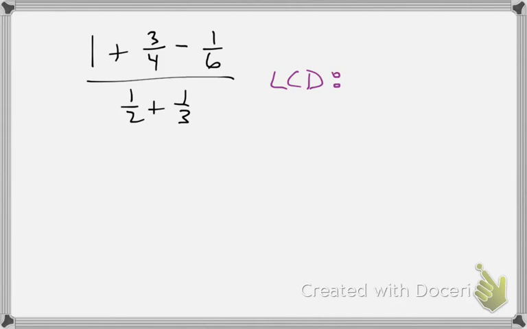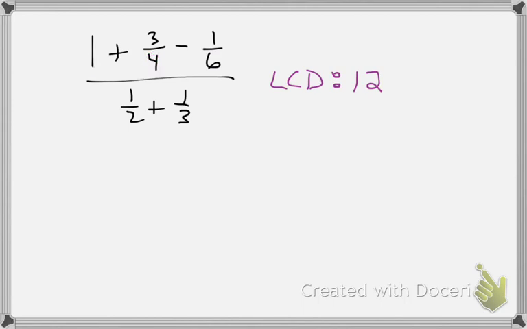Not GCF, LCD. 12. 24 is a common denominator, but it's not the least common denominator. We needed something that 1, 4, 6, 2, and 3 will all go into. And we practice finding LCDs. You could break it down piece by piece.